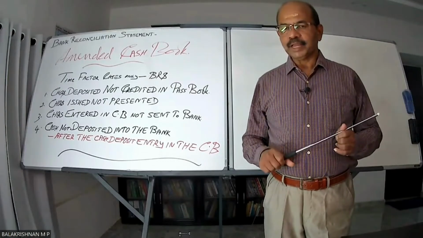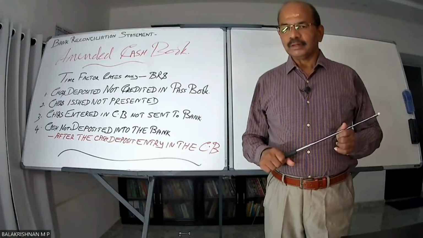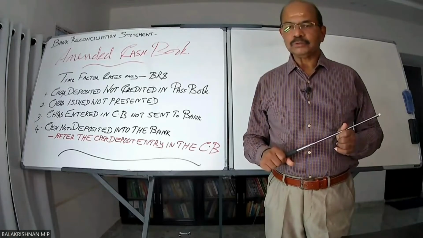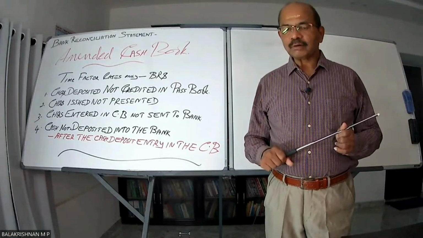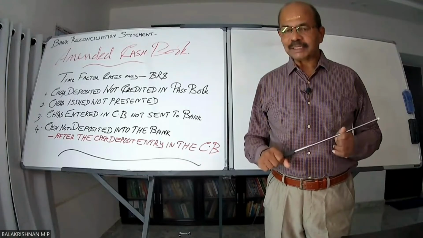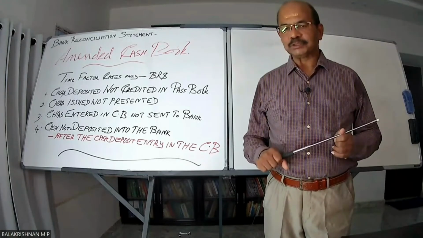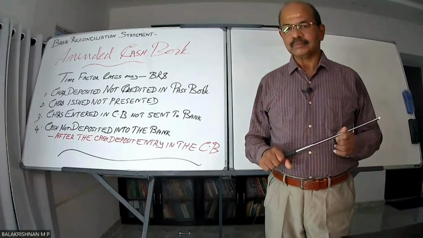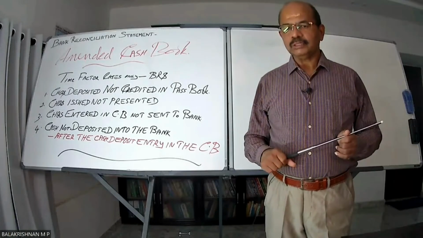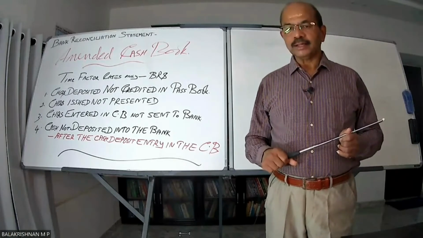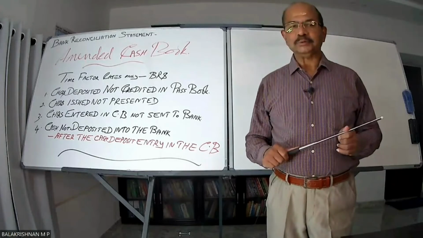You came to know the actual amount only on going through the bank statement or during the course of this reconciliation. Okay, exact amount. Account it now through the amended cash book.